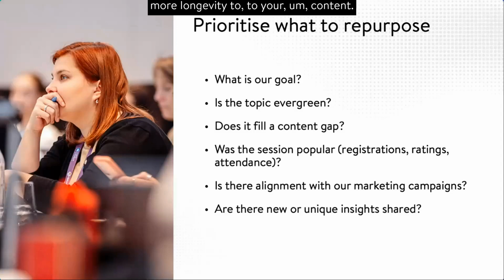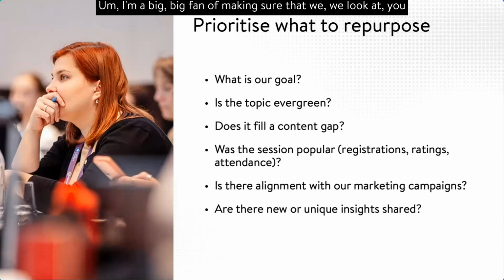Because that gives more longevity to your content. Does it fill a content gap? I'm a big fan of looking at the feedback from the session as well. What were the ratings like? What were the Q&A and the comments from the audience? That can also feed your content after the event.